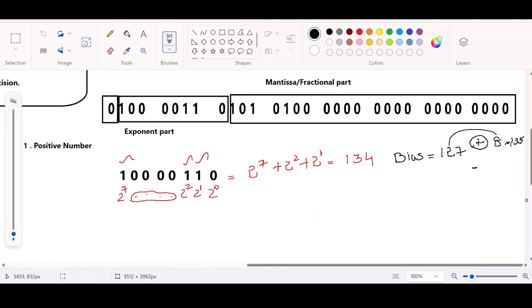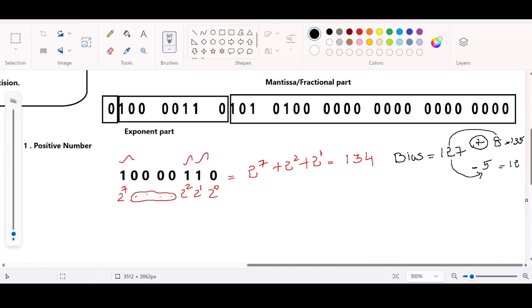You convert this 135 into the equivalent binary number and place it here. And if the exponent is -5, you just subtract it from the bias: 127 minus 5 is 122. This 122 will be converted to the equivalent binary number and placed here.